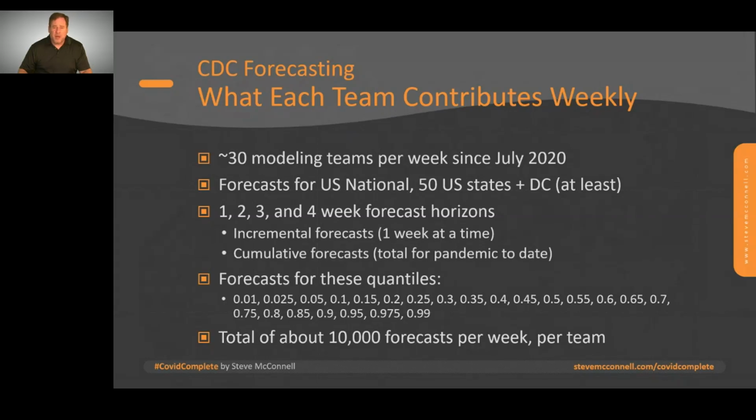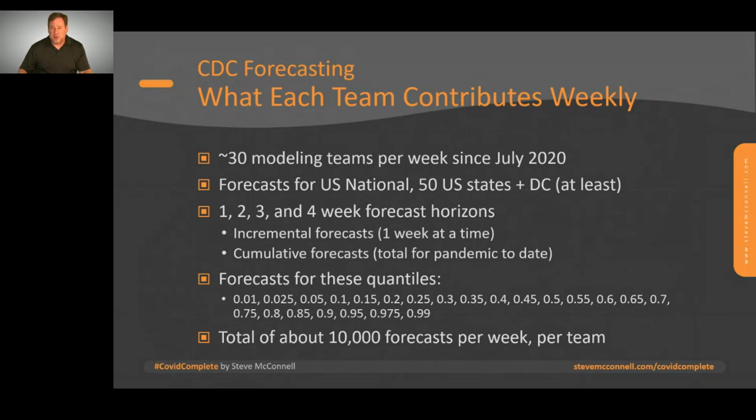Each team contributes forecasts for a significant number of quantiles. The quantiles range from 0.01 to 0.99. So basically 0.01 is the 1% chance that the actual result will be below that forecast.